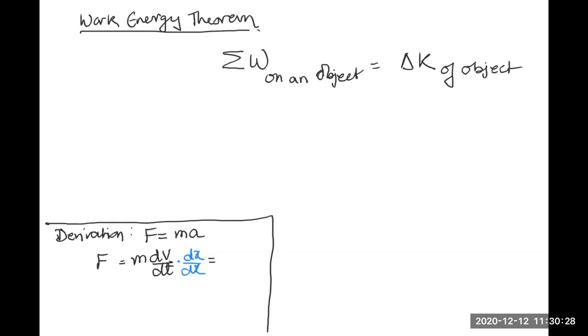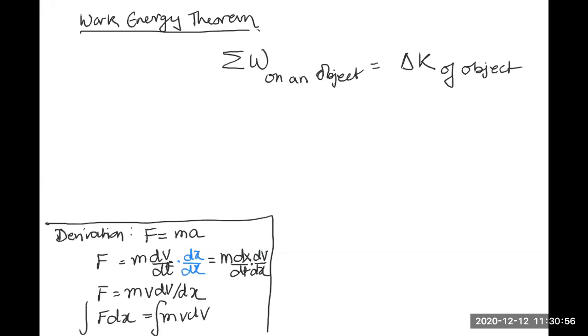So now I will write this as m into dx by dt into dv by dx. But dx by dt, remember, is v, right? ये हम पहले भी कर चुके हैं. So this is mv dv by dx, and then I take dx on this side and I write this as equal to mv dv and I integrate this. This integration is done from some initial velocity to some final velocity.